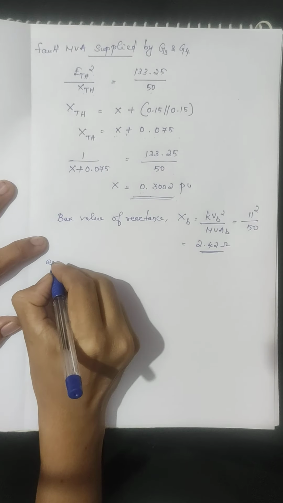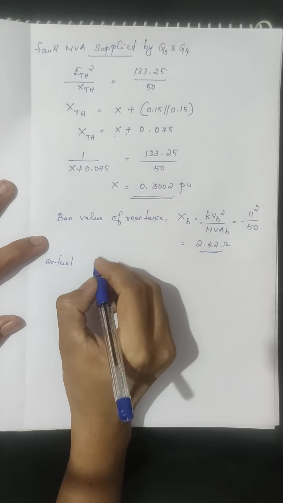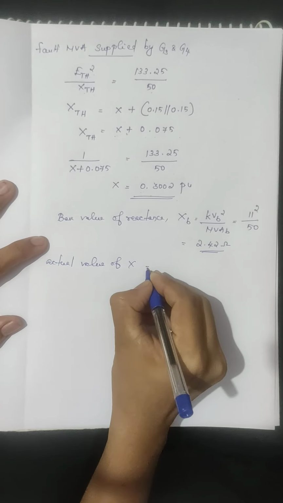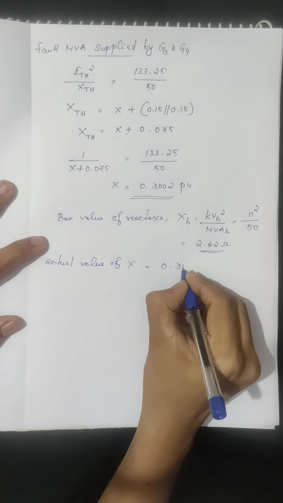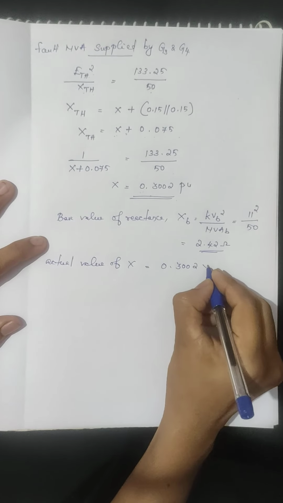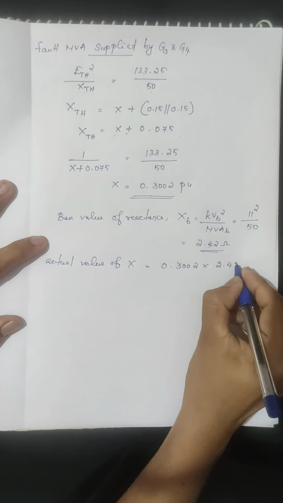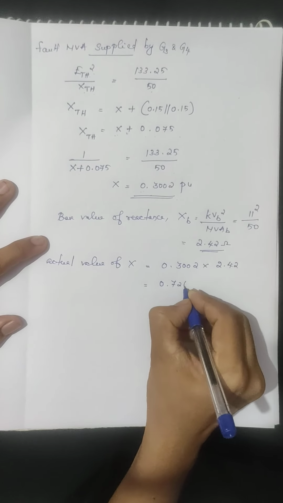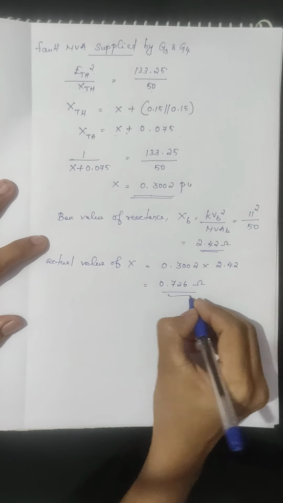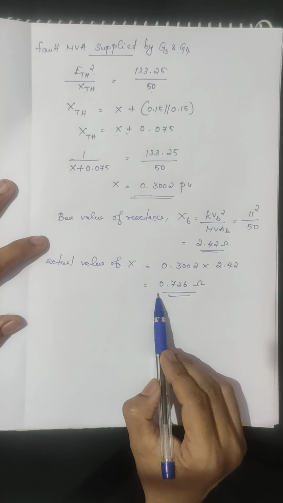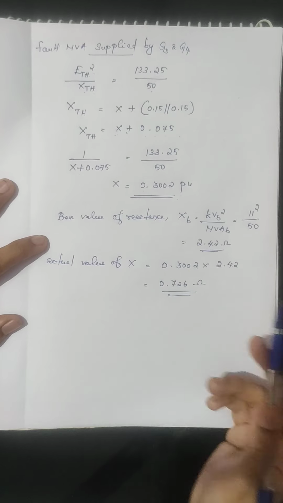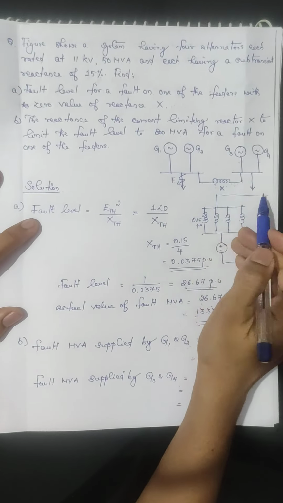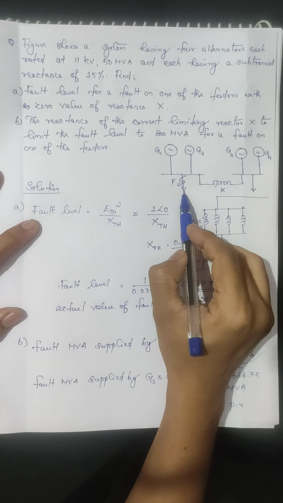Now the actual value of X is equal to the per unit value 0.3002 into the base value, that is 2.42, and it will be equal to 0.726 ohm. So if we connect a reactance having a value of 0.726 ohm here, we can limit the total fault level to 800 MVA.